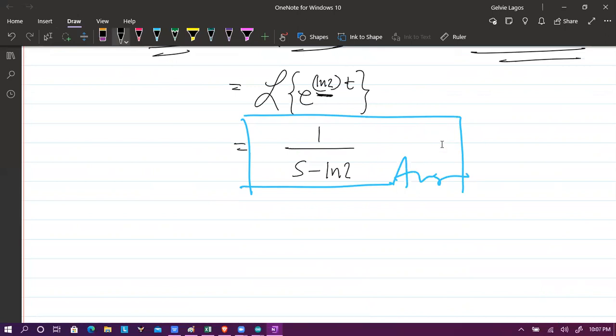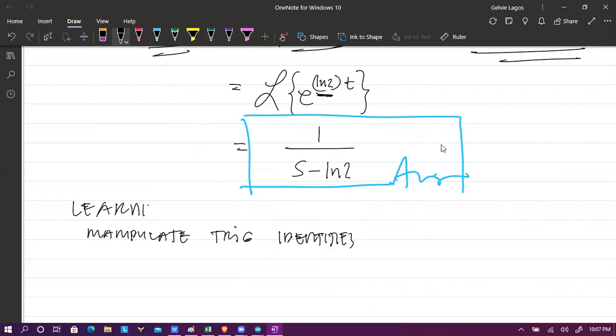We learned how to manipulate trigonometric functions, or trigonometric identities. We also used the transformation pair to solve for the Laplace transform of the function. What else did we learn?